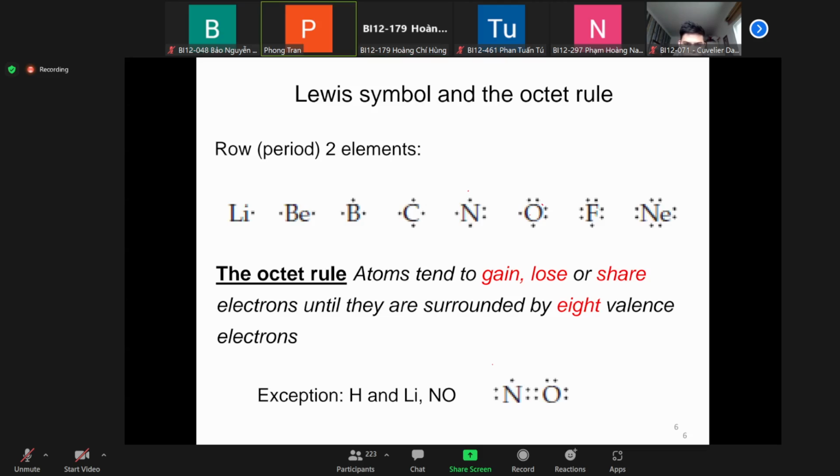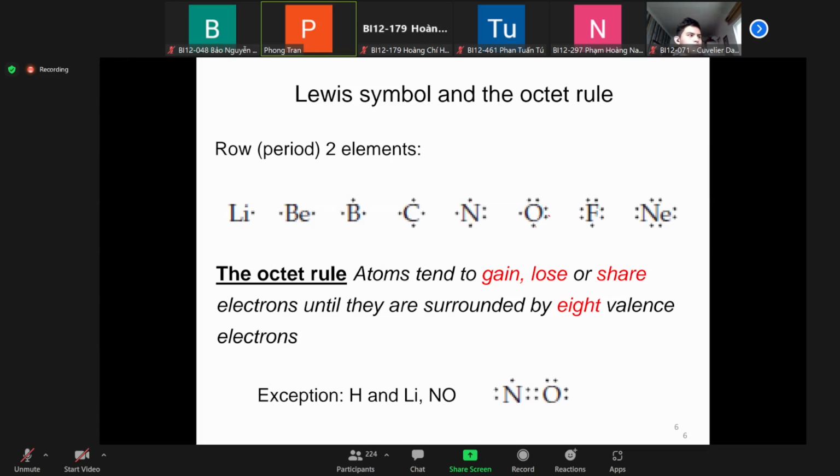So basically, we are talking about the main group atoms, so the atoms in the main columns, which have s and p valence electrons. So for s, you have a maximum of 2, and for p, you have a maximum of 6.